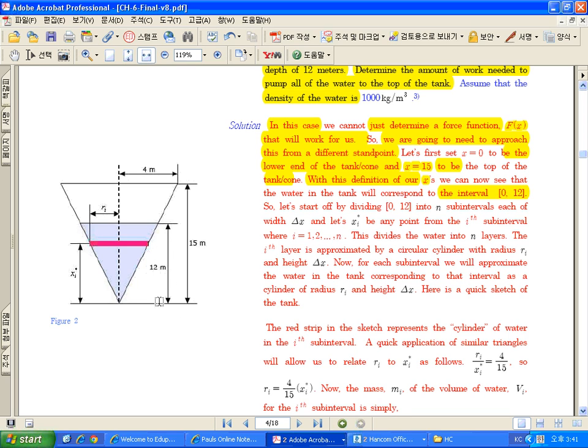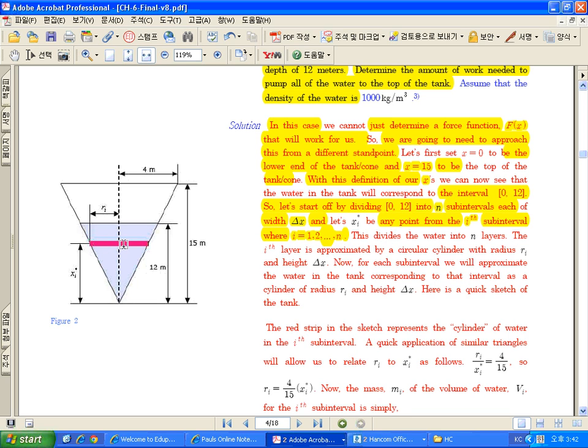Let's start by dividing 0 to 12 into n subintervals, each of width delta x, and let xi star be any point from the ith subinterval, where i is between 1 and n.